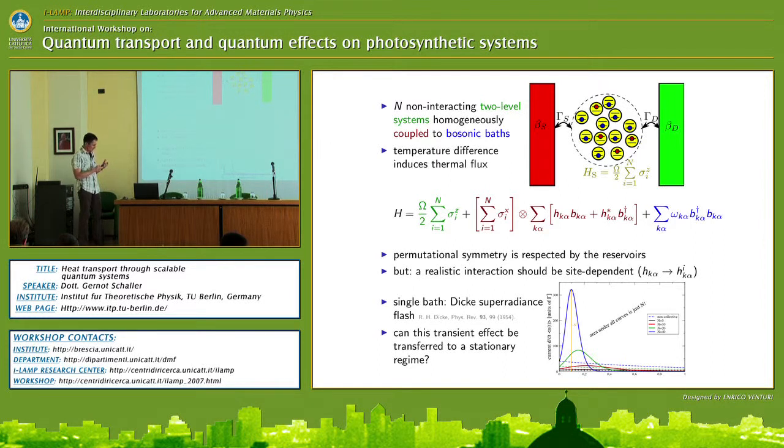The main assumption is that the size of this atomic cloud is much smaller than the wavelength of the cavity mode, such that all the atoms sense the same field. So you have some extreme permutational symmetry here. This is, of course, in a sense unrealistic. You will always have some e to the ikr factor in principle, but this is in the limit where k is so small that you can neglect it completely.